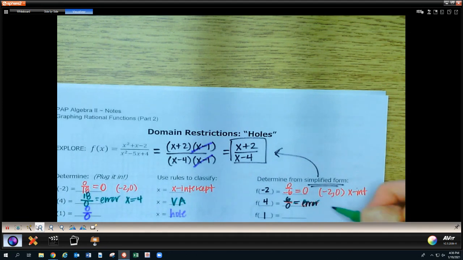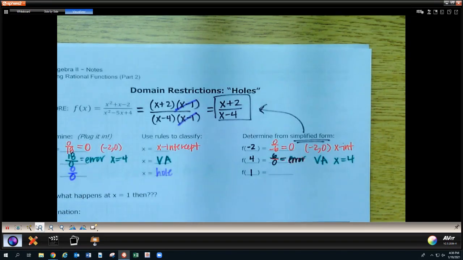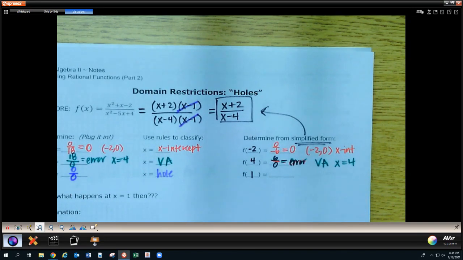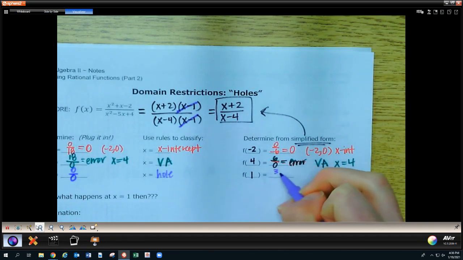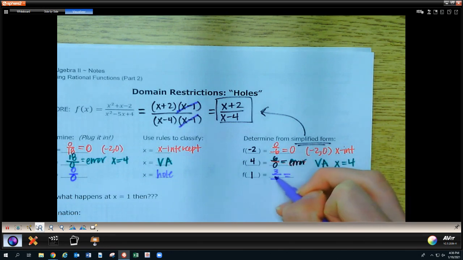So that is still our vertical asymptote at x equals 4. If I plug in 1, I get a 3 on top, and I get a negative 1 on bottom. No, yes, no, I get negative 3.